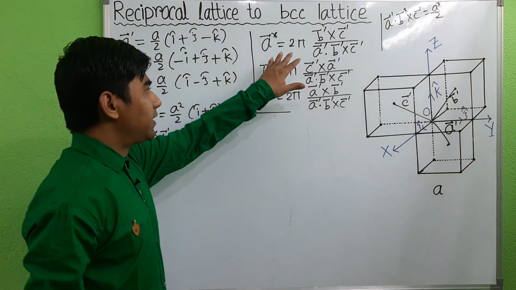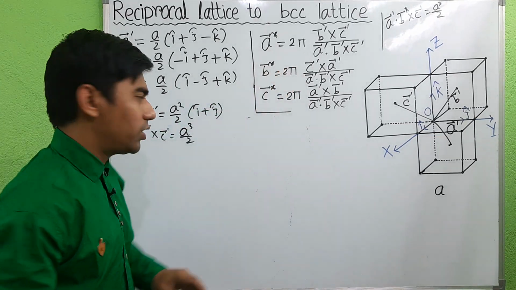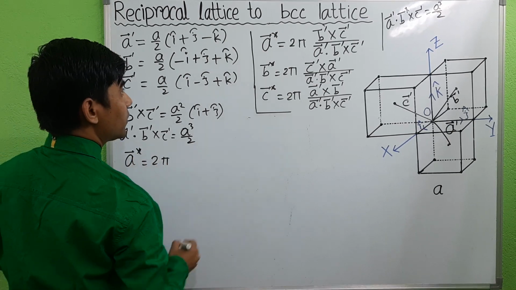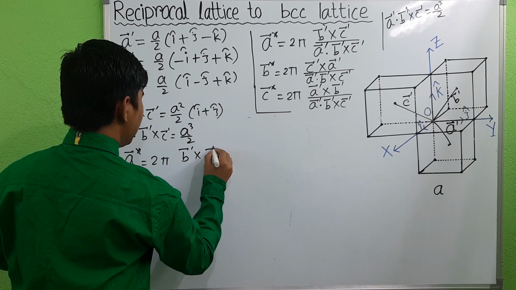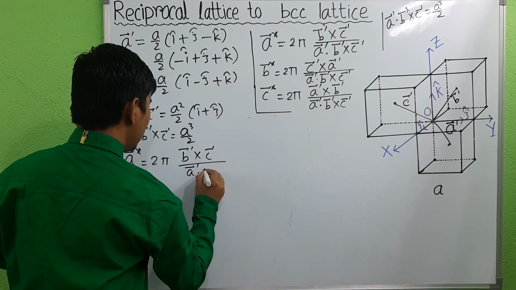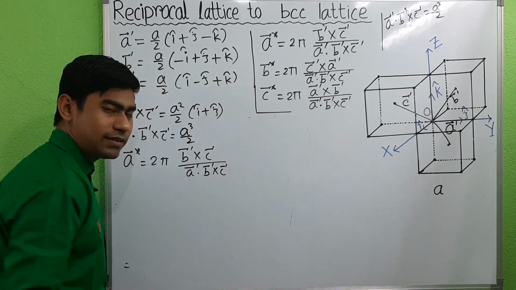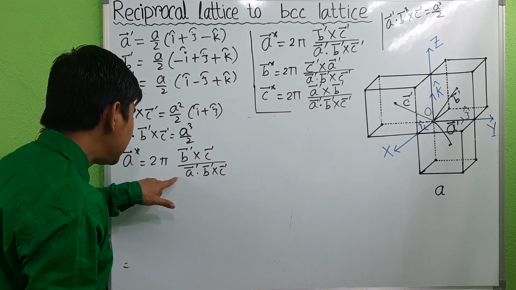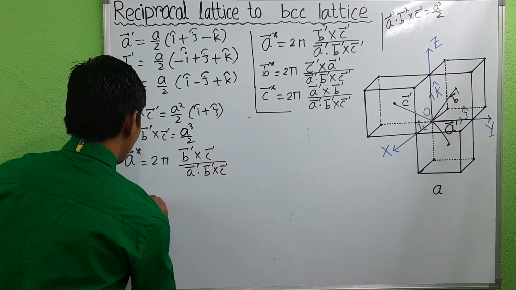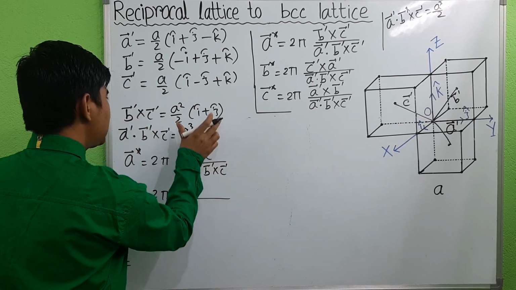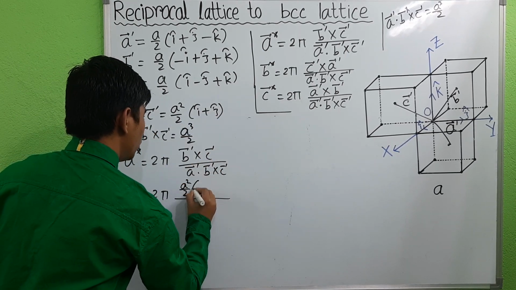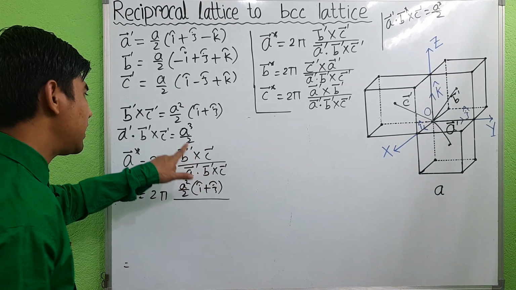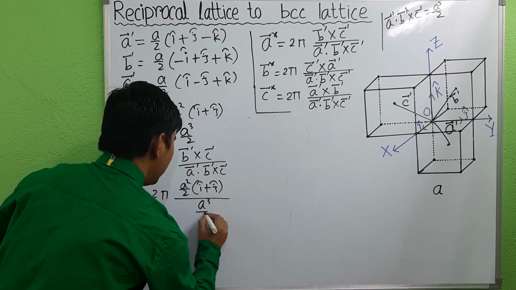Now we calculate the reciprocal lattice vector a vector star. a vector star equals 2 pi times b dash cross c dash by a dash dot b dash cross c dash. Putting in the values, this equals 2 pi times a square by 2 (i cap plus j cap) divided by a cube by 2.